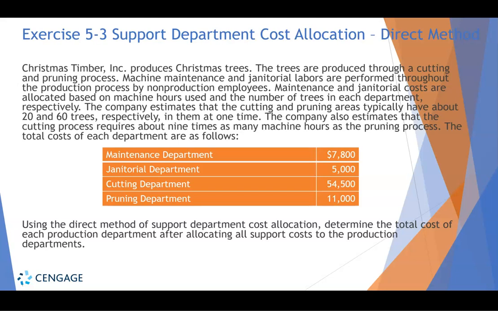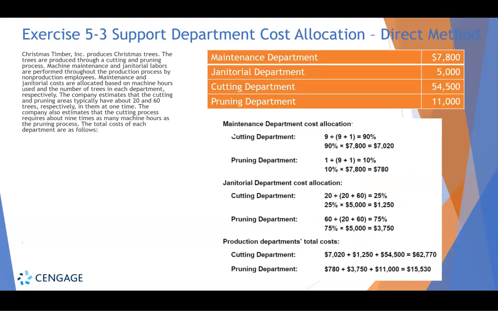But for the machine hours, the cutting department requires 9 times as many machine hours as the pruning department. So that's how we are estimating the hours. If we have a total of 10 hours and the cutting department requires 9 of those 10 hours, we're allocating 90% to the cutting department.